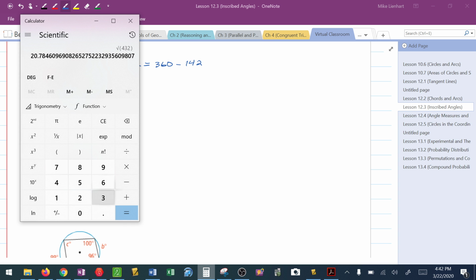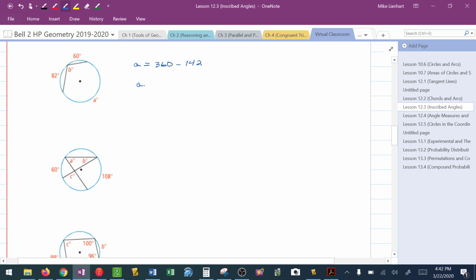And if I do that arithmetic, 360 minus 142, I know that A is going to be equal to 218 degrees. Because I know that A is 218 degrees, I know that angle B will be half of that intercepted arc. And if you take half of 218, you get 109 degrees.